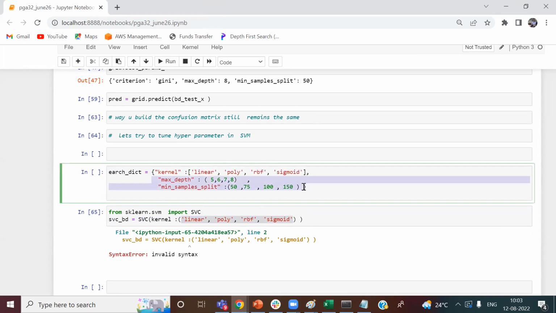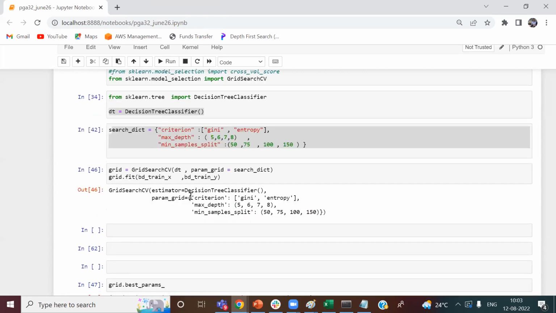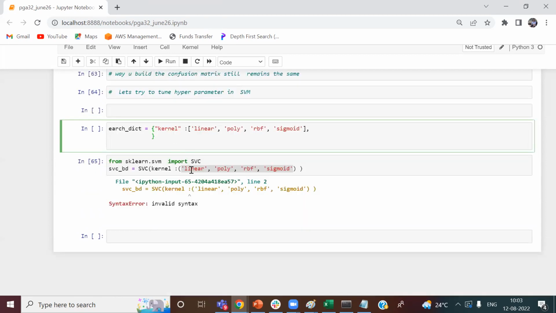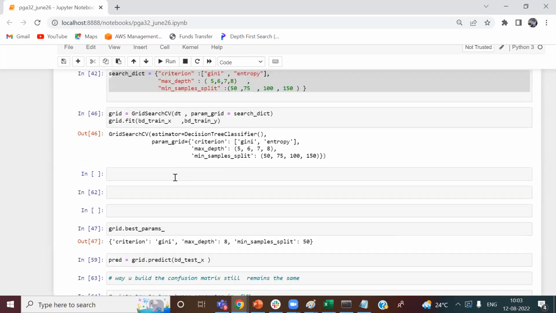Okay, बाकी सारी चीजों का त्याग कर देते हैं. Search dictionary equal to this. ठीक है. फिर उसके बाद हमने क्या किया था?